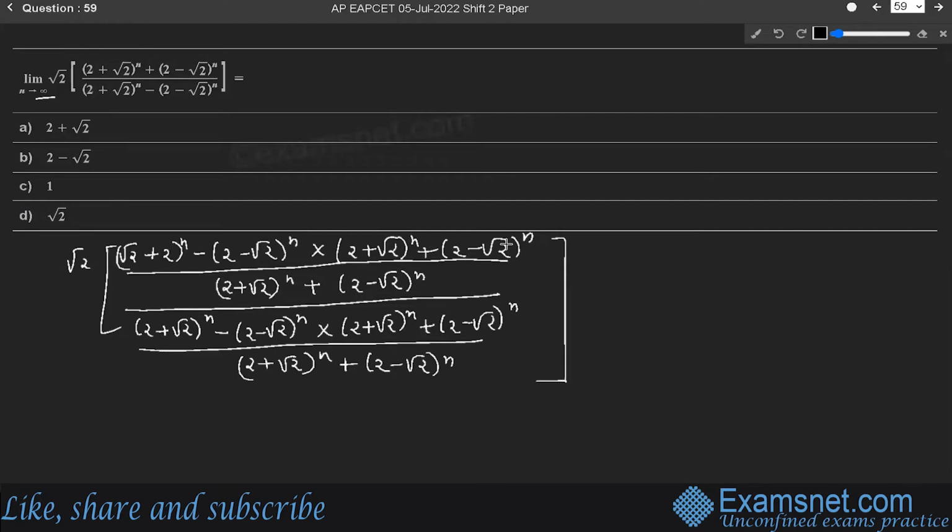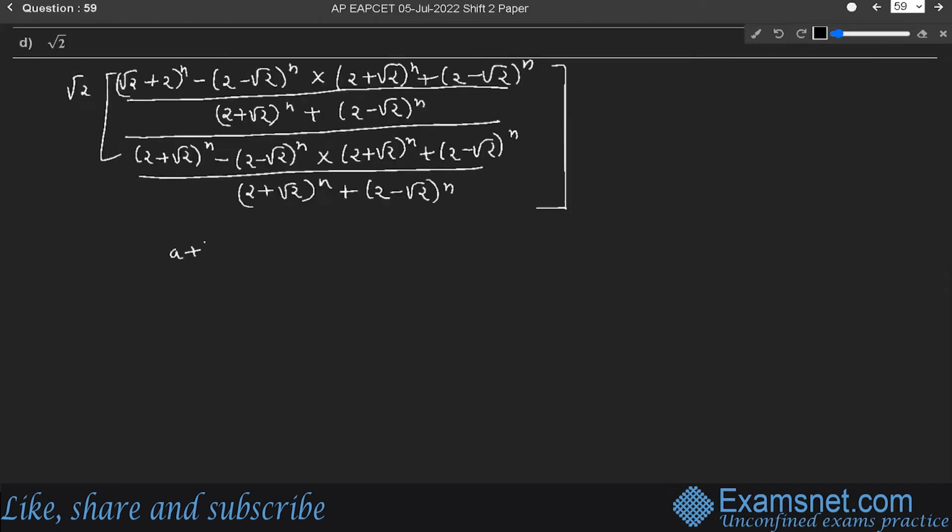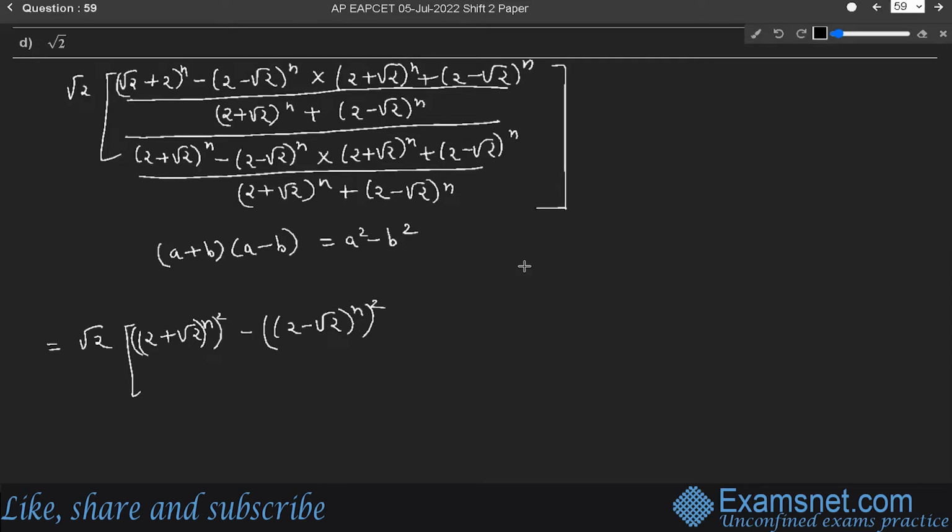Now you can see that some values will be cancelled here because we know that (a plus b) into (a minus b) is equal to a square minus b square. So it becomes root 2 into ((2 plus root 2) power n whole square minus (2 minus root 2) power n whole square) divided by ((2 plus root 2) power n plus (2 minus root 2) power n).